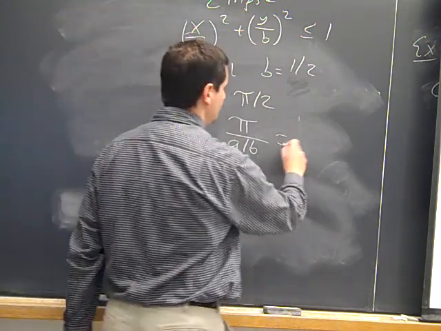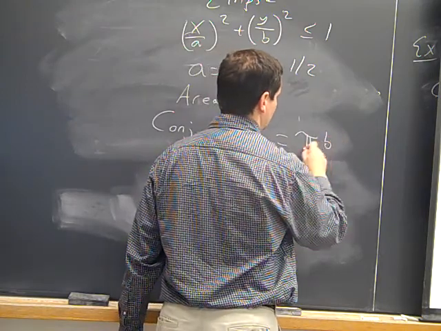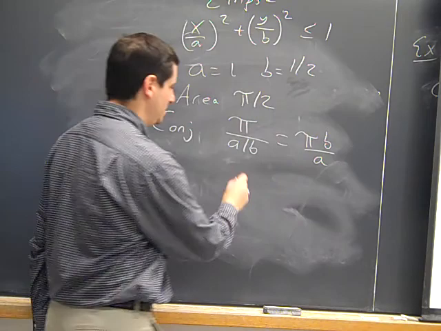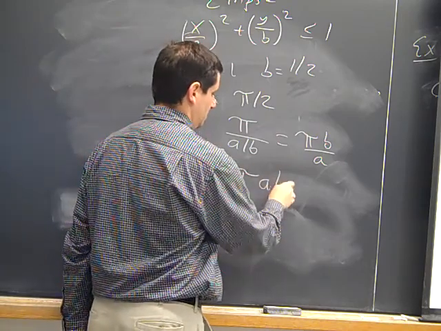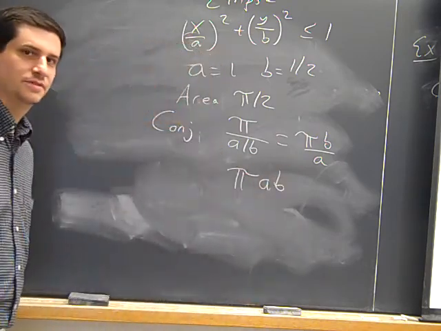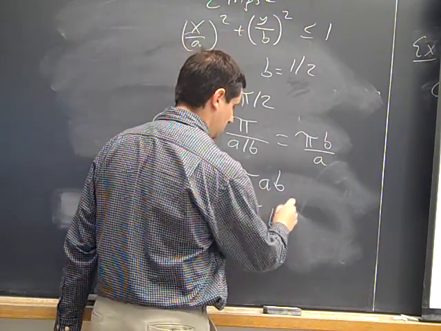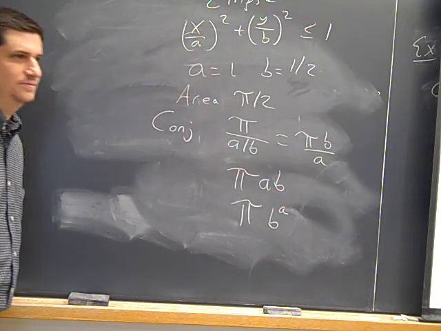So we'll write this as pi b over a. There we go. Pi times a times b. And I'll write down 1.